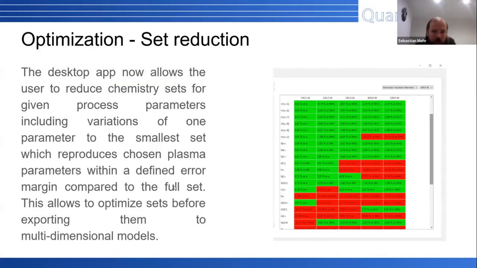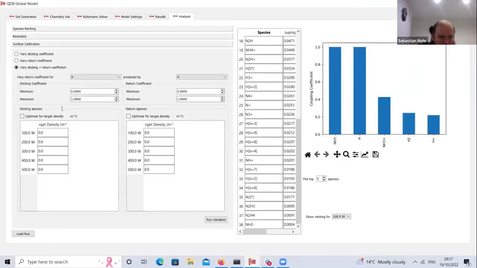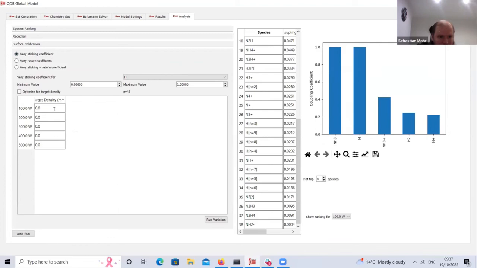And what you can get out of this is, for example, for a parameter variation, you can then see how this viscosity and H density varies with the value of this return coefficient. And you can also, if you have some experimental data, put in here target densities for your different cases.